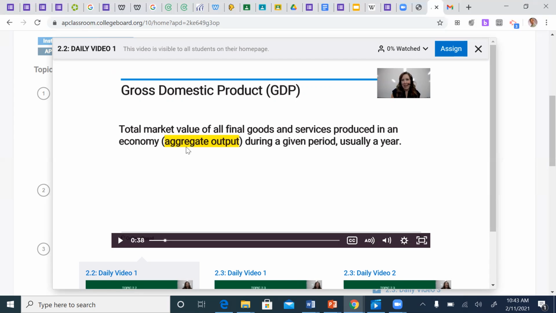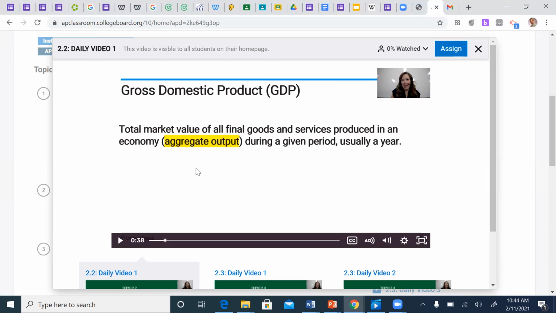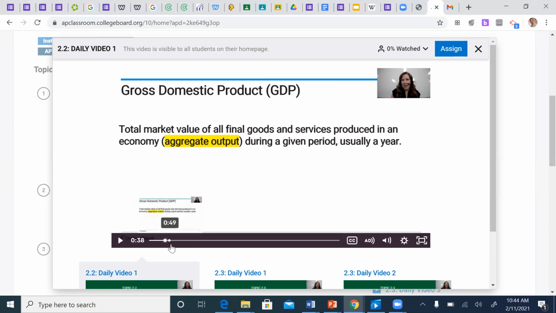So remember aggregate, what that means. It's the total output or total spending for an entire economy. So it measures all purchases made across the entire country.